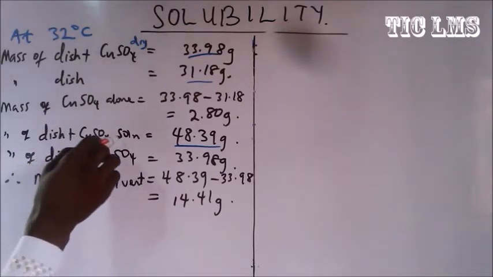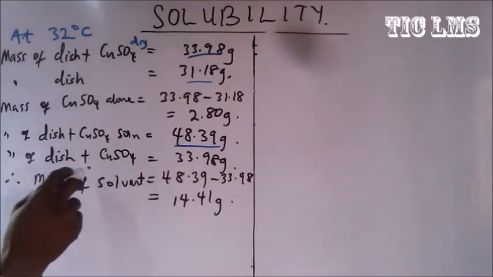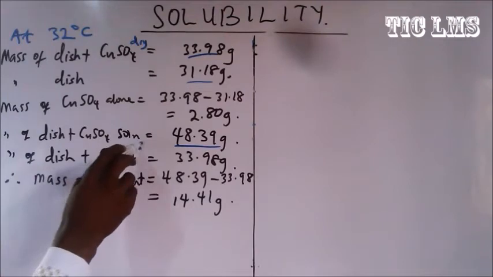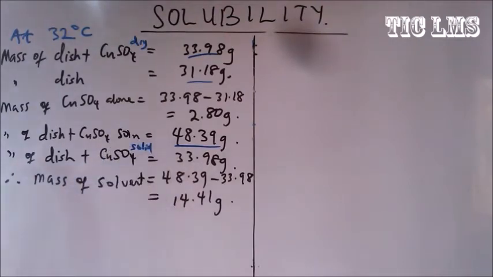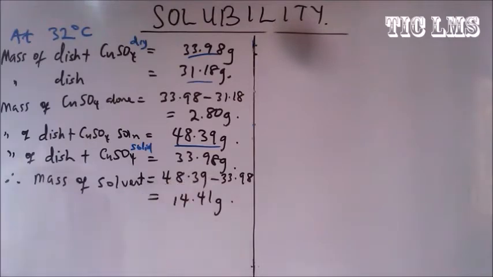Next, when the copper solution, that is the copper solid with its solvent, was poured into the dish, it weighed 48.39 gram. And when it was evaporated, this is what we have. Hence, the mass of the solvent which was poured will be 48.39 minus 33.98, and that will give 14.41 gram.